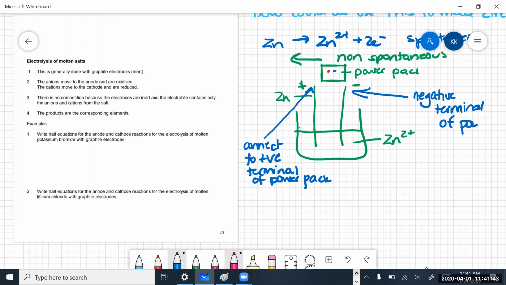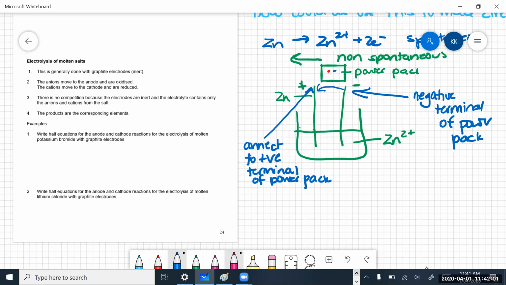And if we do that, the power pack is going to supply the energy to change the signs on those electrodes. And then our electron flow is going to go from negative to positive.